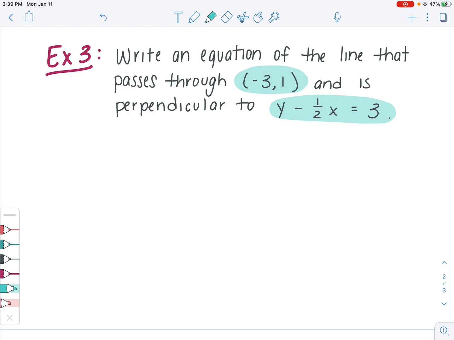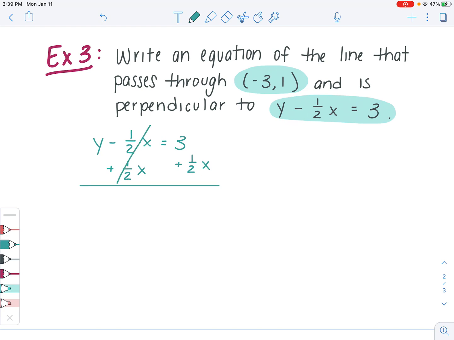I already noticed that the line they gave me, y minus 1/2 x equals 3, is not in y equals mx plus b form. So I need to get the y value all by itself. I've got to add 1/2 x to both sides so that I can pick out the slope from this equation.